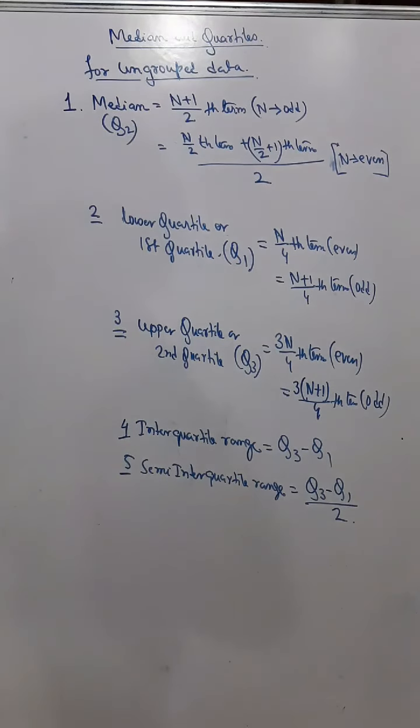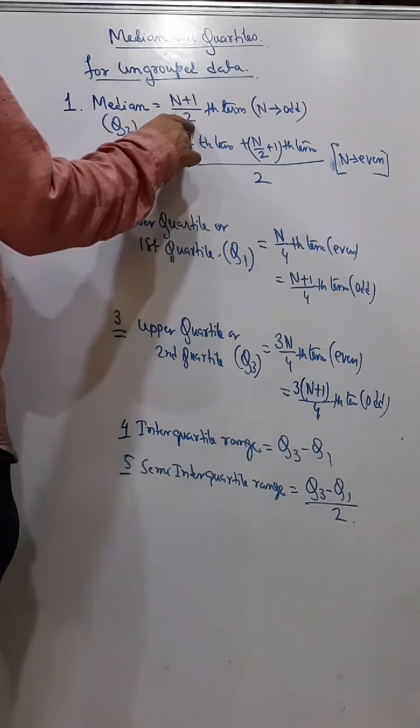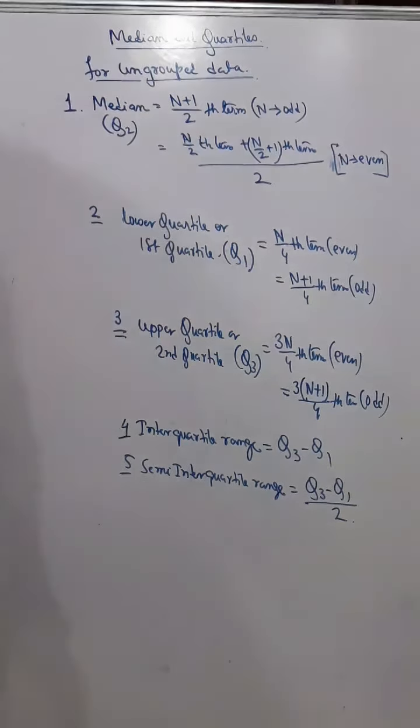So if there are 5 terms, the median will be (5 plus 1) by 2, that is 6 by 2, and the third term will be the median.